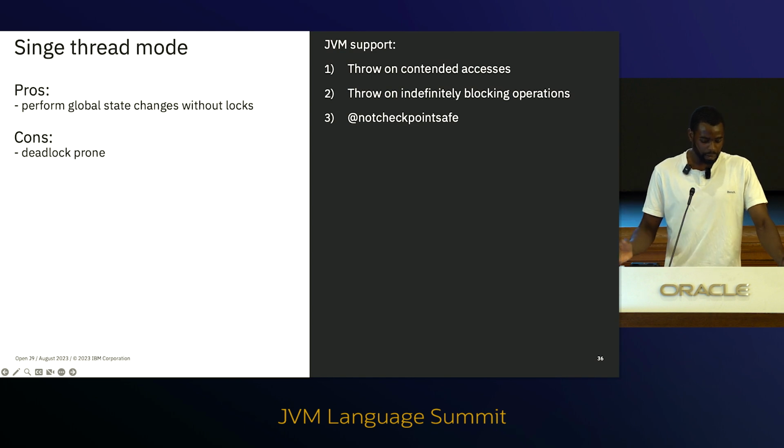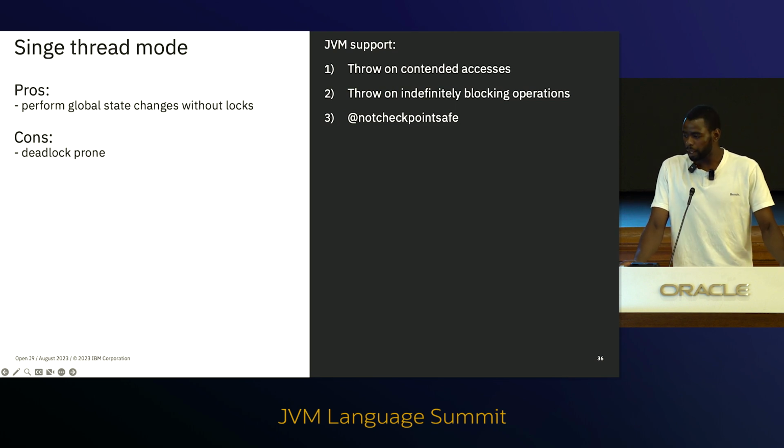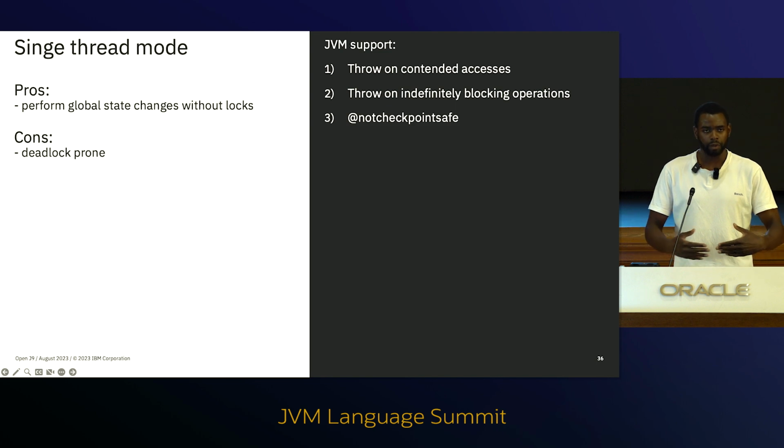But there are some cases where you're in a situation where this has to happen. You may need to acquire a container resource. So we've introduced an annotation called not checkpoint safe, which can be applied to a method. Essentially, before taking a checkpoint, we'll scan all the thread stacks. And if we see a method with this annotation, we delay the checkpoint until that method's off the stack.